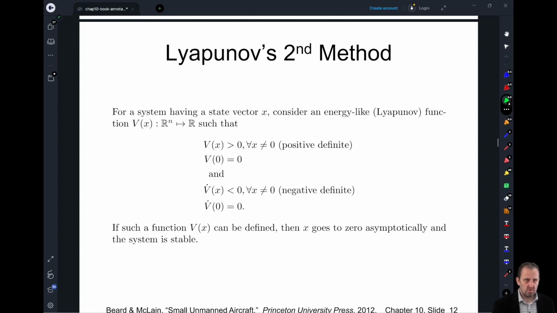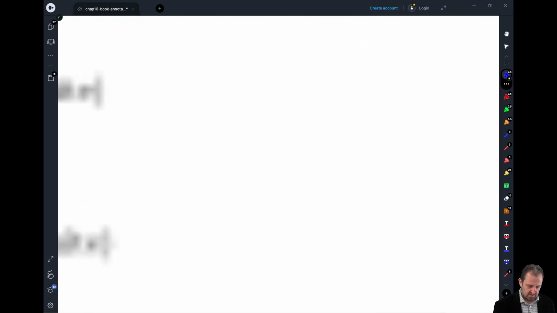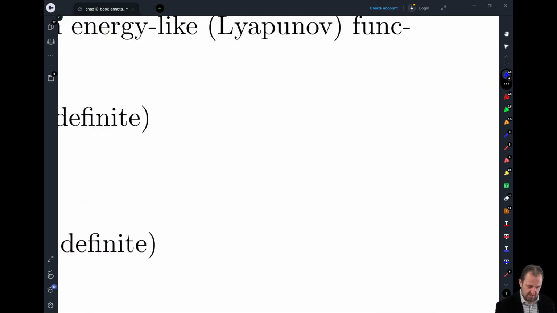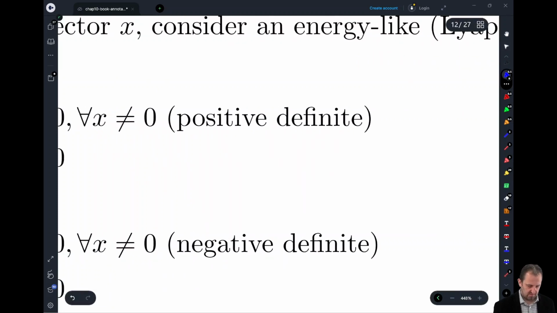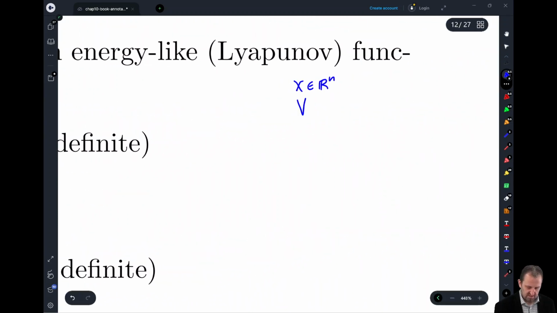We're going to use Lyapunov's second method, and this is something you learn in nonlinear control. So you may have not learned it yet, but let's let x be in R^n, and let's define a function. We'll call it v. Let v be a function of x, and let the output of that be a scalar.